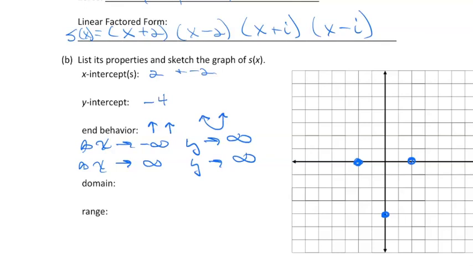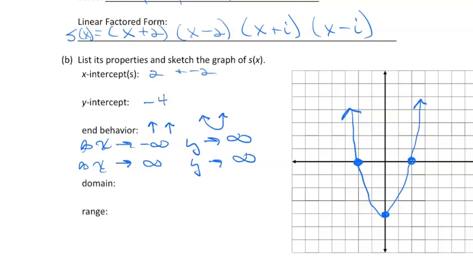The key thing is you cannot plot i and negative i. So this function is going to look pretty much like this. I can't tell it has imaginary roots. I can't tell it's still a function of degree 4. All I can see is that it has two roots. It appears to be a quadratic graphically, but it is not. It's actually a quartic.